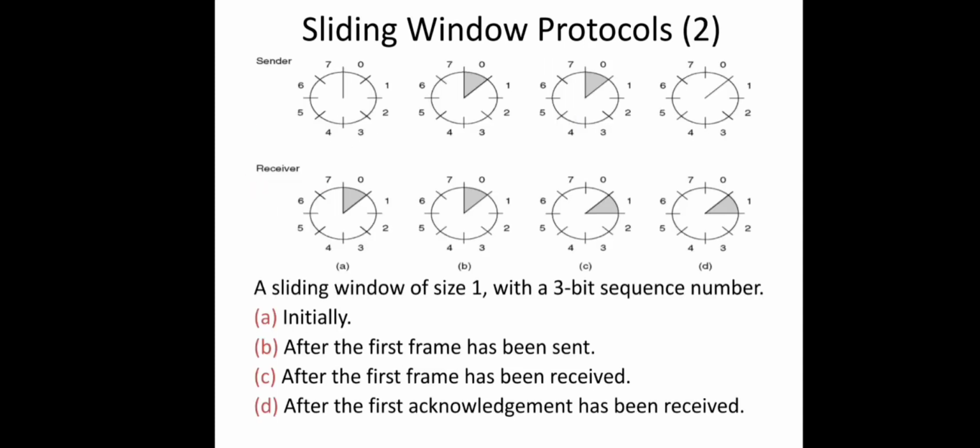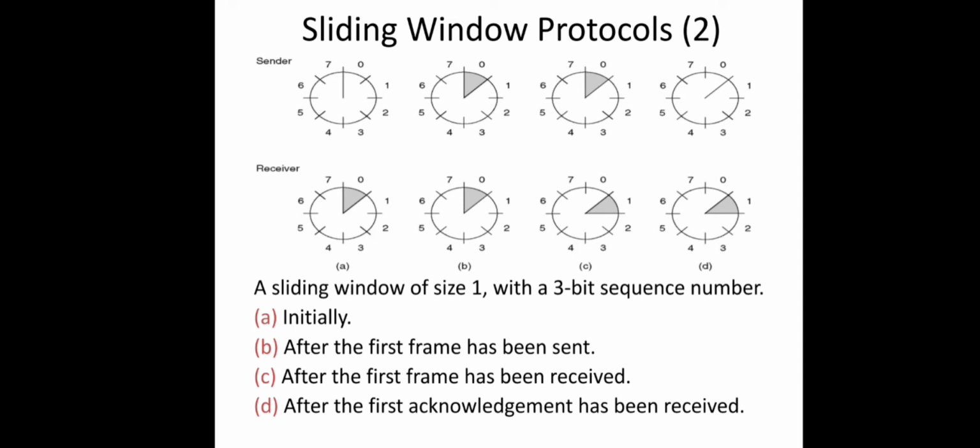Starting from the 1-bit sliding window protocol, it's the basic version. You can see that sequence numbers are from 0 to 7. That means a 3-bit field will be enough to represent the sequence number of different frames. We have the sender machine here and the receiver machine here, and the window size is just one frame in this 1-bit protocol.